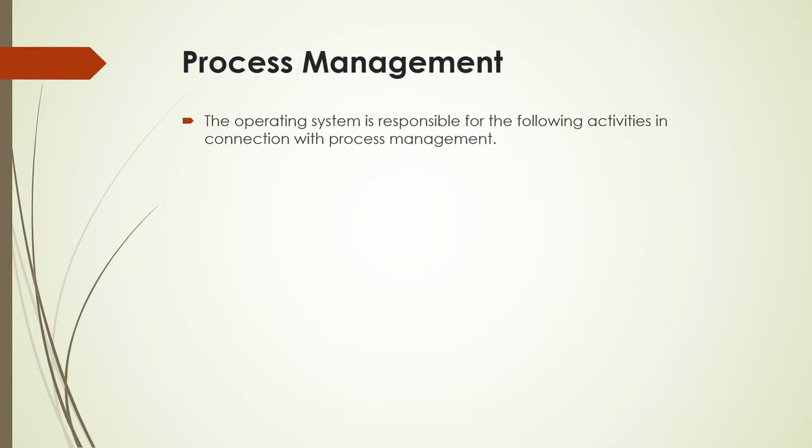And the operating system is responsible for the following activities in connection with process management: scheduling processes and threads on the CPU. So there can be several processes running in the system. So which process should run first, which process should run second, the order in which the processes should be executed is decided by the process management component of the operating system.